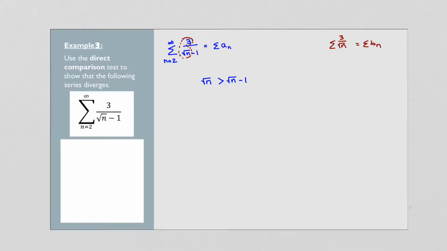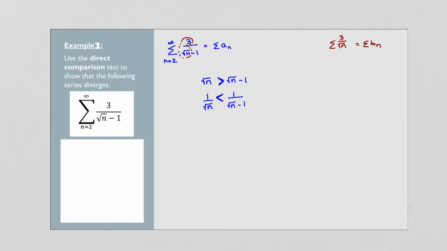We also know from a previous discussion that when I invert square root of n, in other words, take 1 over the square root of n, and compare it to 1 over the square root of n minus 1, that if square root of n is larger than the square root of n minus 1, when I take the reciprocals, I actually get that 1 over the square root of n is smaller than 1 over the square root of n minus 1.